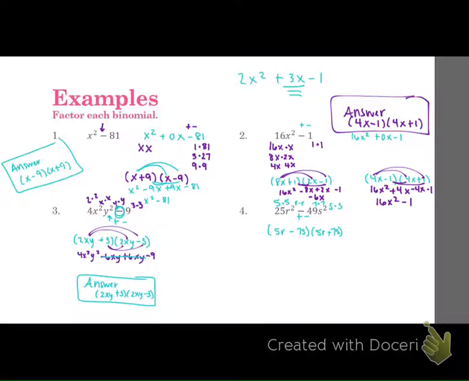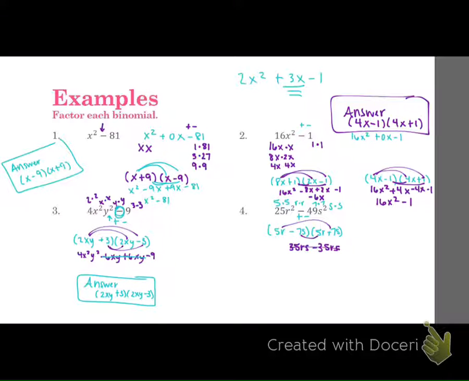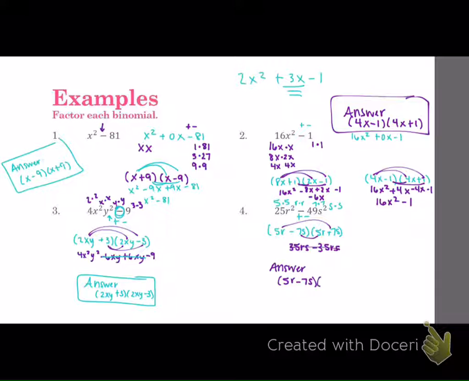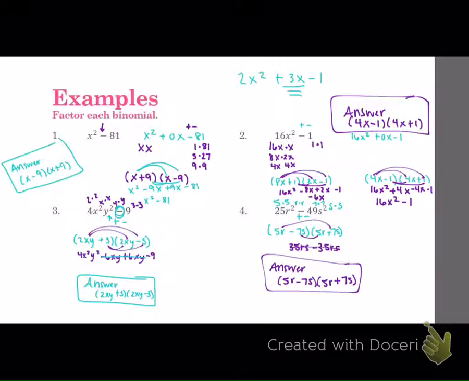When you're going to check this, do not forget your middle terms. So that's 35rs minus 35rs, which does go away. Some of you guys are not distributing those middle terms, which is an issue, because that may not cancel out. It does not matter which one has the plus and which one has the minus. Order does not matter. It's commutative.